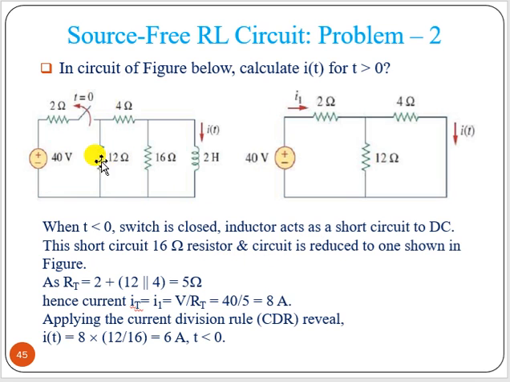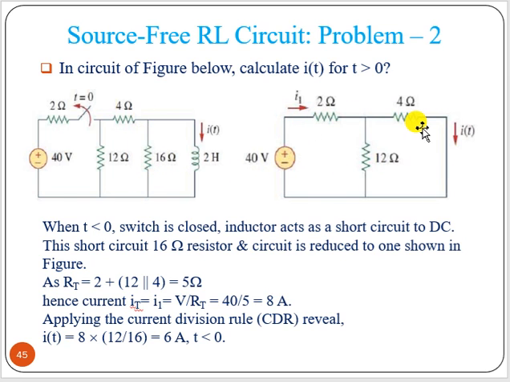Now another problem. Say the switch, find i(t) for t greater than 0. That means for t less than 0, this is short circuited and this is connected to this circuit. That means the inductor is nothing but a short circuit. At DC, an inductor acts as a short circuit. So if this is a short circuit, this 16 ohm that is in parallel with it becomes short circuited. So the circuit looks like this.